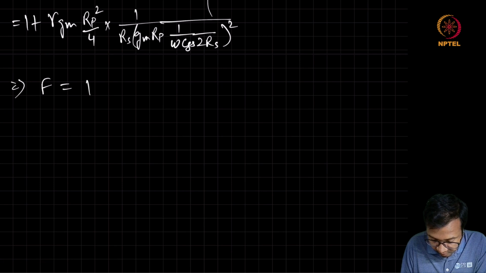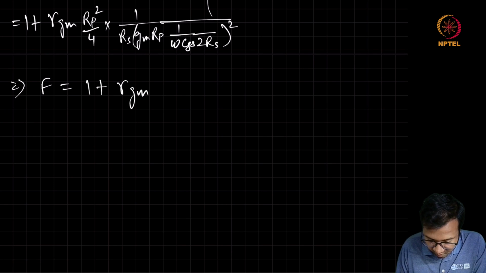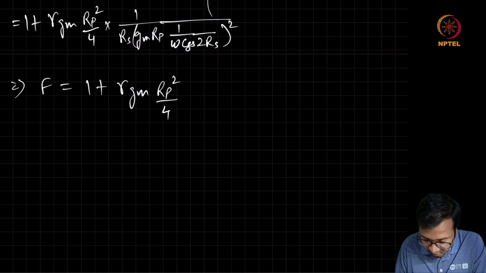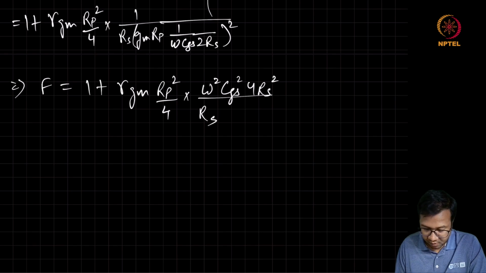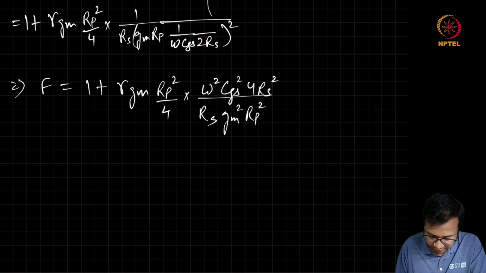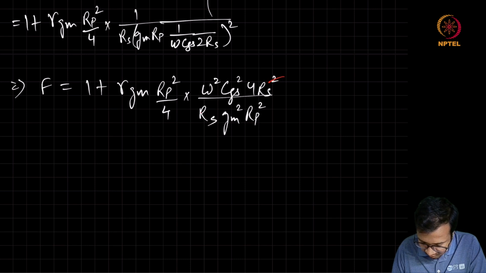Noise figure is 1 plus gamma GM RP square by 4 into omega square CGS square 4 RS square divided by RS GM square RP square. Okay, simplify.